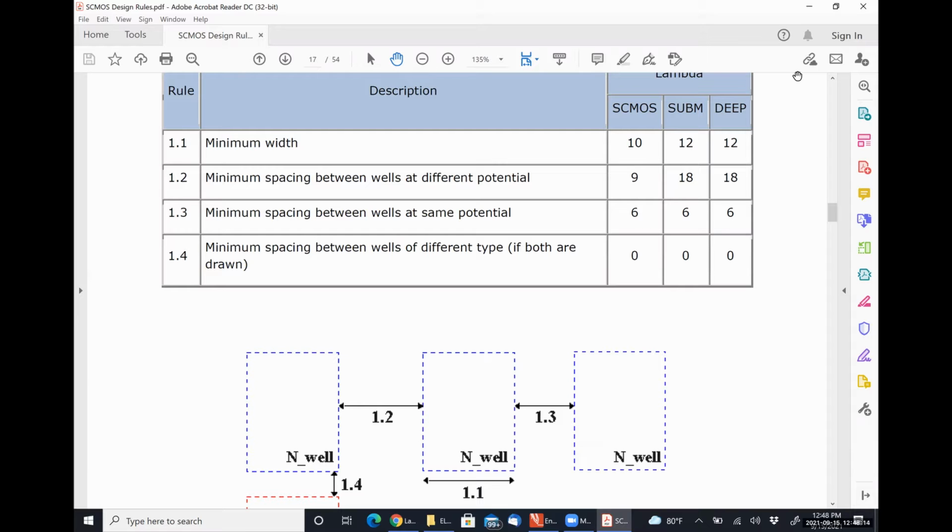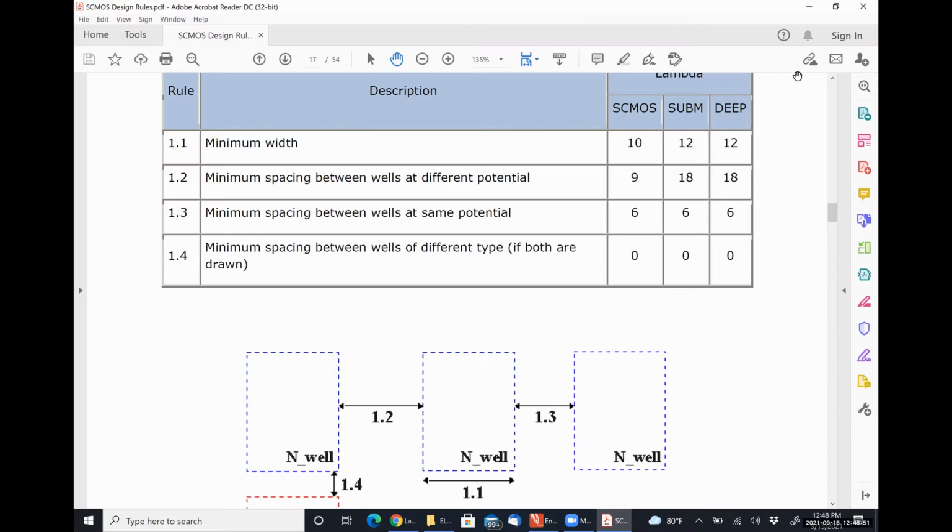So the minimum width of a section of N well will be 12 lambda. Before we move on to spacing, one of the reasons why the minimum width is 12 lambda, which probably seems fairly large, is that process engineers have figured out that anything less than 12 lambda can't be reliably reproduced, meaning you wind up with a very low yield when you dice up your wafer.